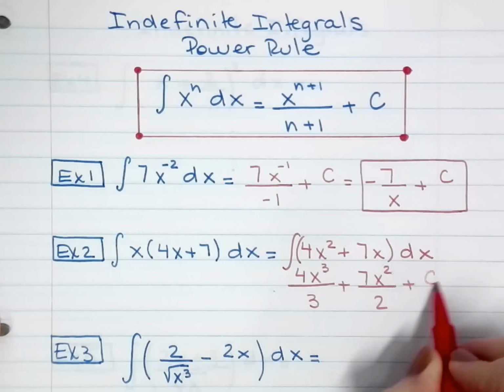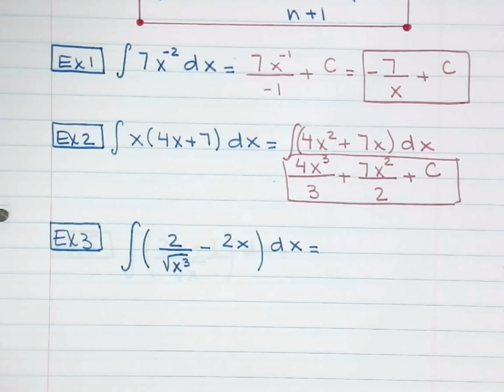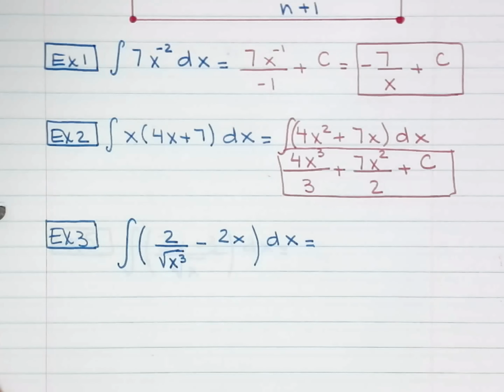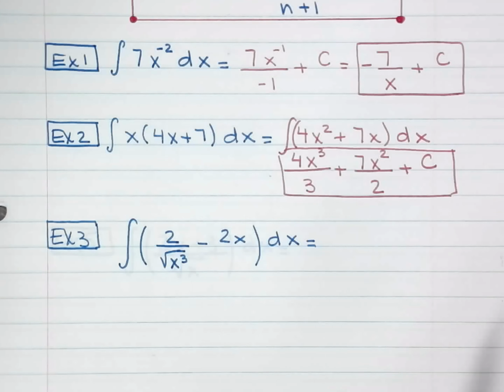Now picking up the pace a little bit. So now we have a radical over there. You're like, oh no. But it's the same rule, it's the same idea. So what I'm going to do before I start finding the integral, I will rewrite this with exponents.